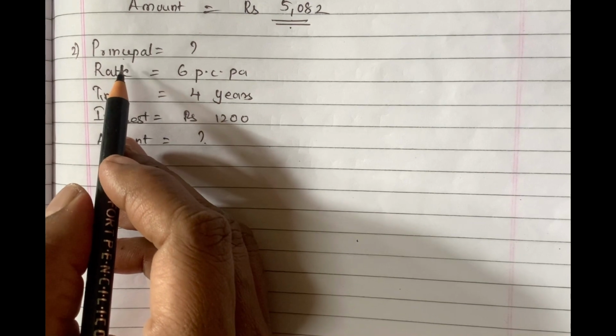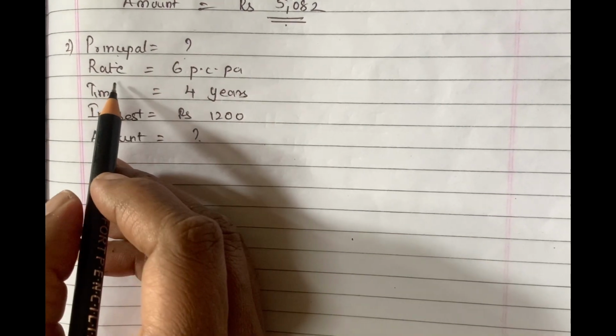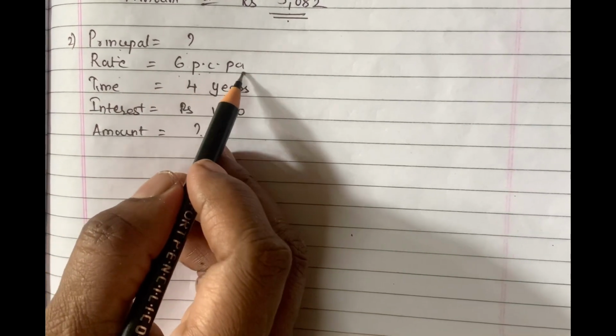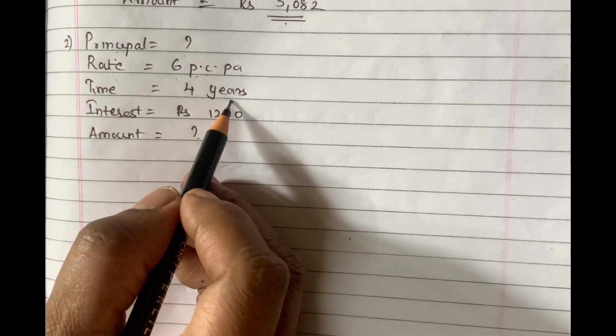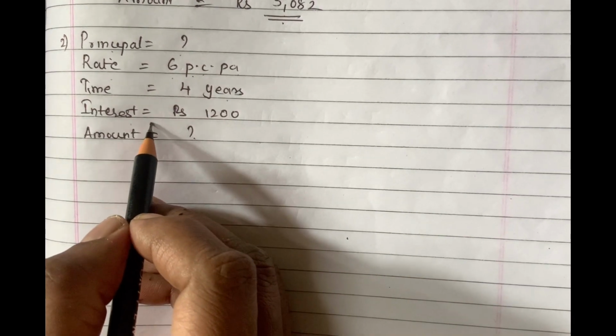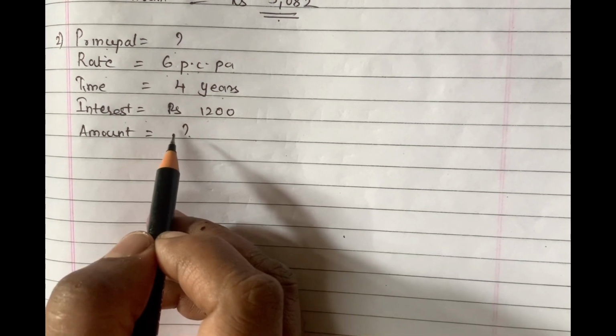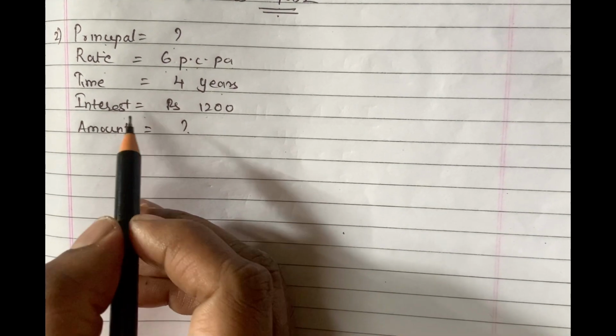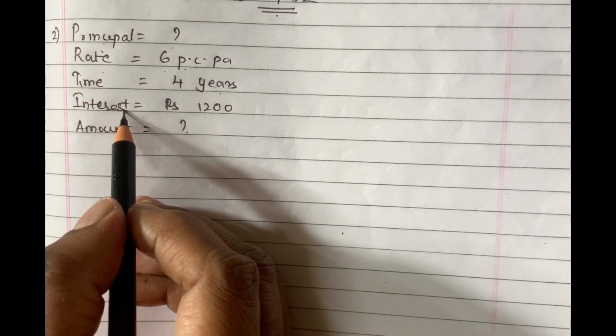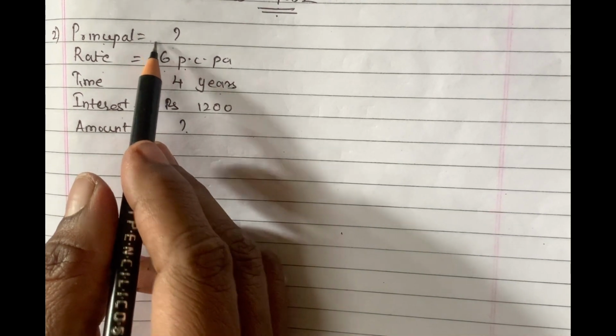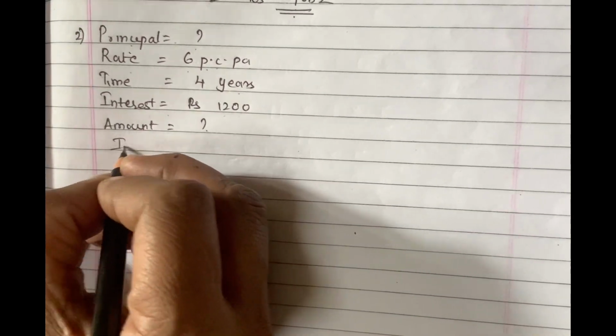Second sum, principal we don't know. Rate is 6% per annum. Time is given 4 years. Interest is given 1,200, and amount you need to calculate. Now as interest is given, we can calculate the principal first. Okay, so the interest formula is what?